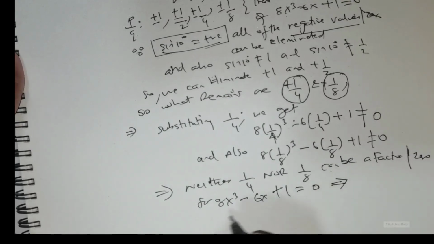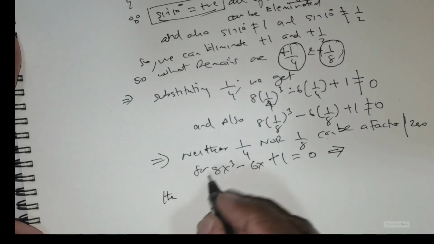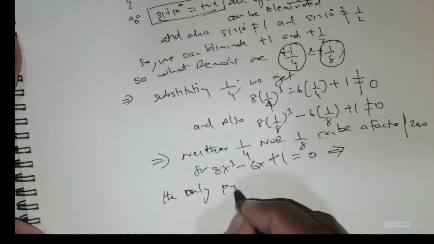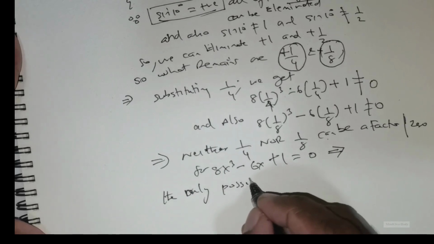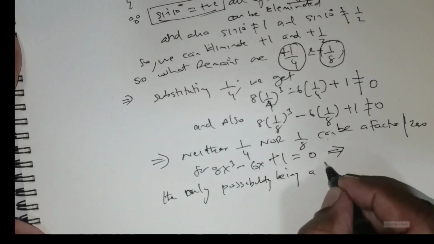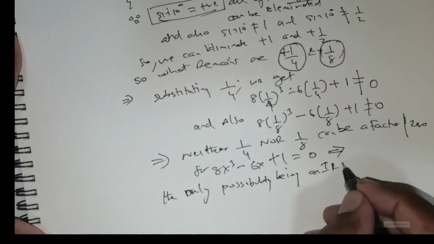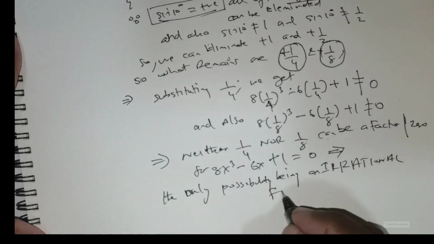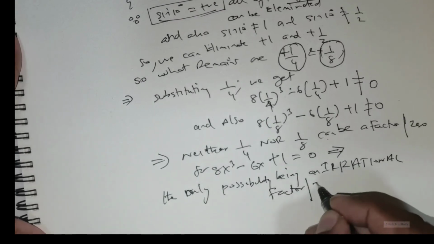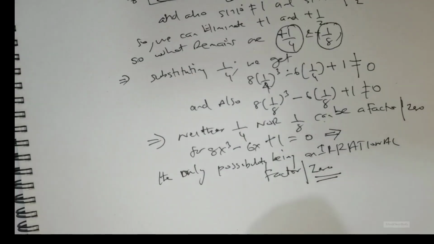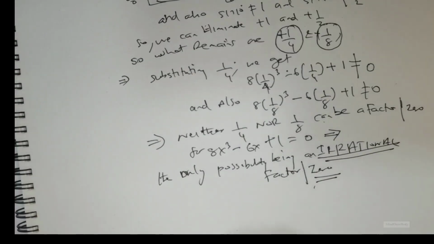So this implies the only possibility being irrational factor or zero. This is the only possibility, irrational zero.